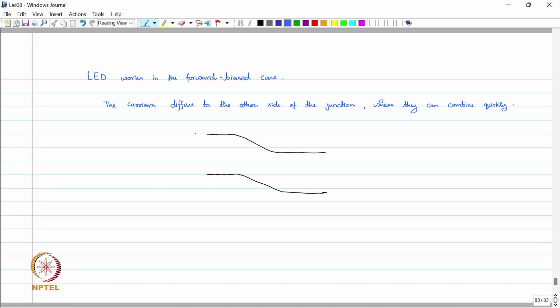This is EC, this is EV, the valence band, and now we apply a voltage across this device. This is a forward biased voltage.